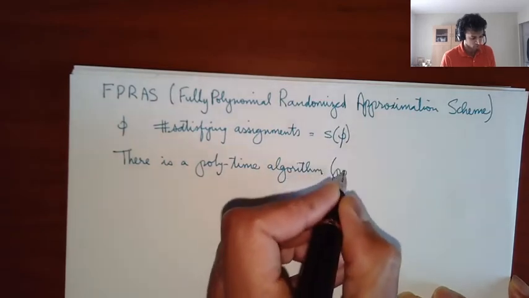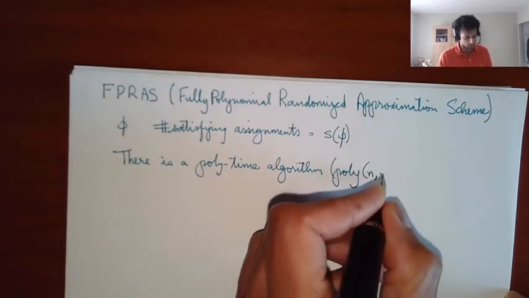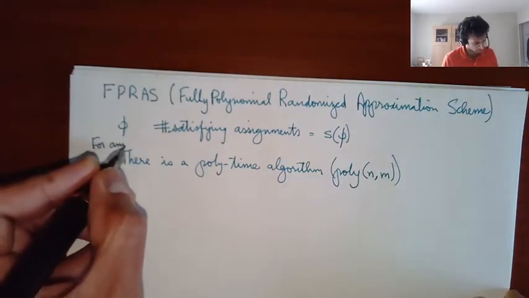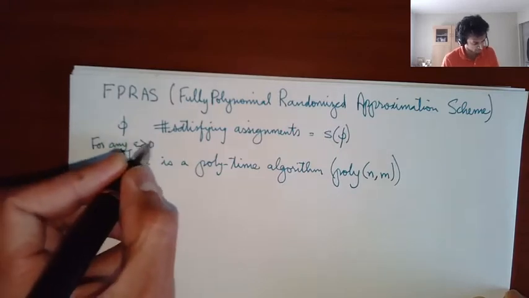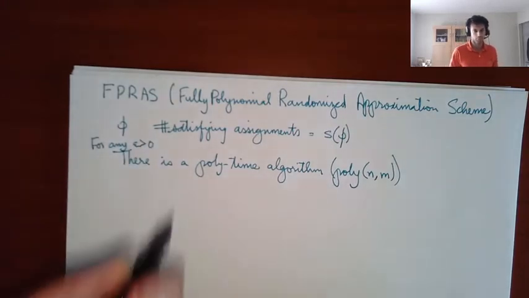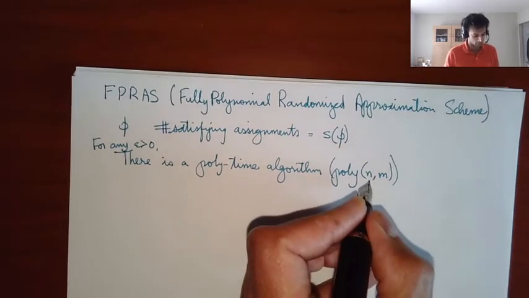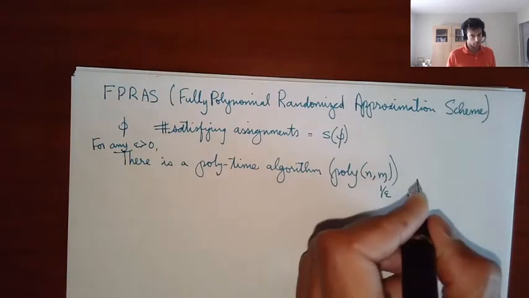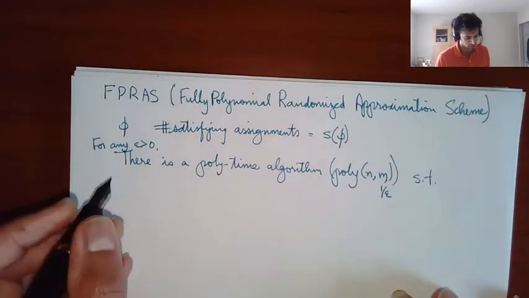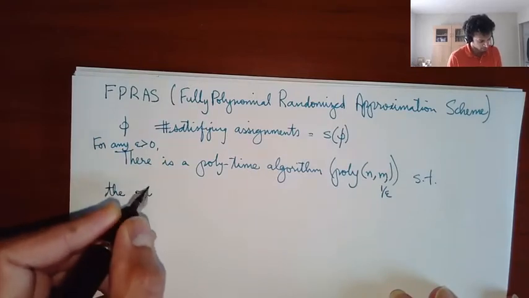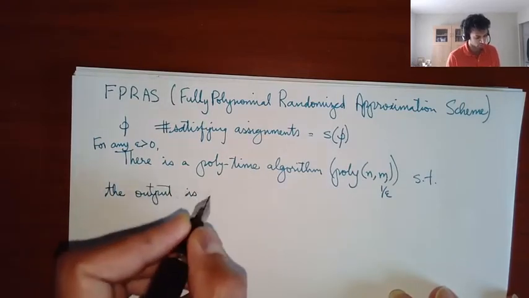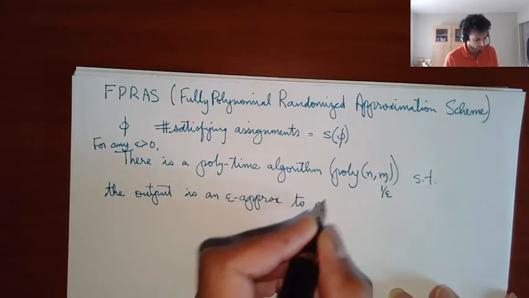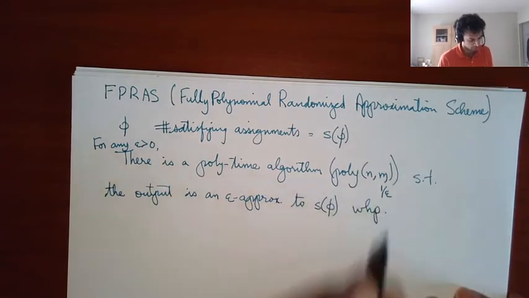So in this case, it would mean polynomial in N and M, or I should say, for any epsilon greater than 0, there is a polynomial time algorithm that runs in poly N, M, and 1 over epsilon, such that the output is an epsilon approximation to S of phi with high probability.